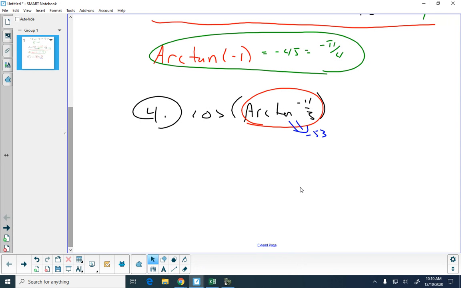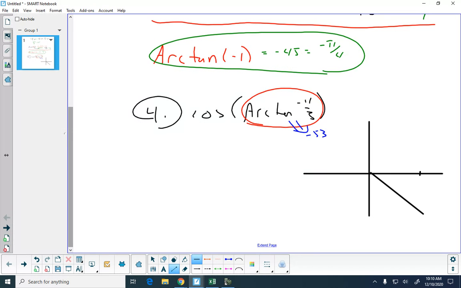What this tells us is which quadrant to draw our angle in. -53 degrees will take us into quadrant number 4. In quadrant number 4, our tangent of this angle is -4 over 3.